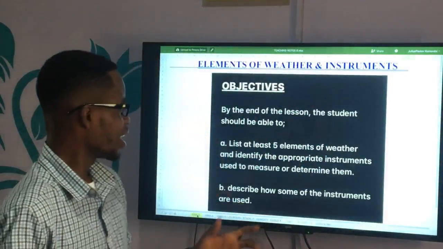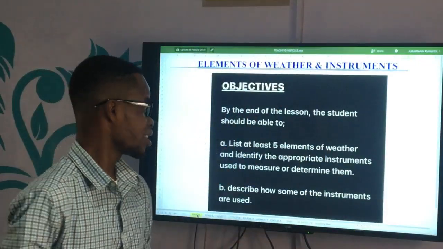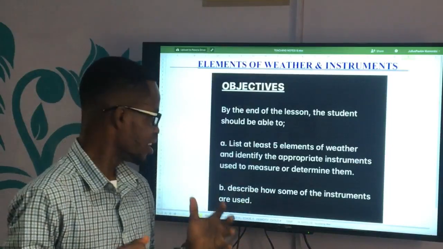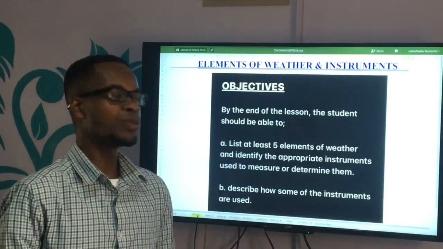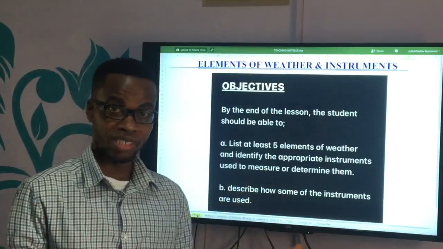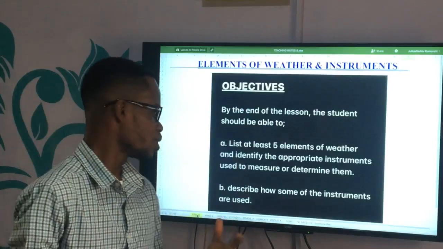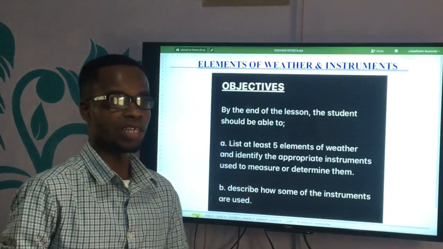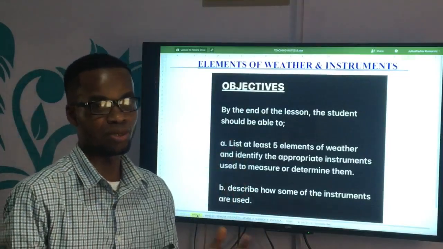By the end of this lesson, the student should be able to list at least 5 elements of weather and also identify the appropriate instruments used to measure them. Then you should also be able to tell how these instruments are used to measure that particular element of weather.